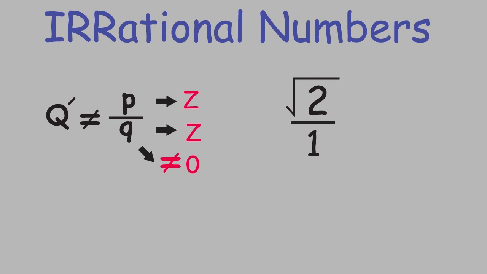So this is an irrational number because p and q both are not integers. If I write under root 3, it is also an irrational number. If I write pi, it is also an irrational number because pi can be written as pi by 1. Q is an integer but p is not an integer. So this is an irrational number.